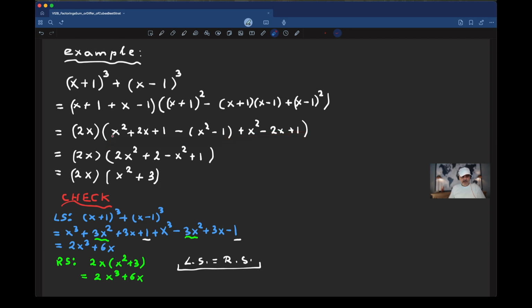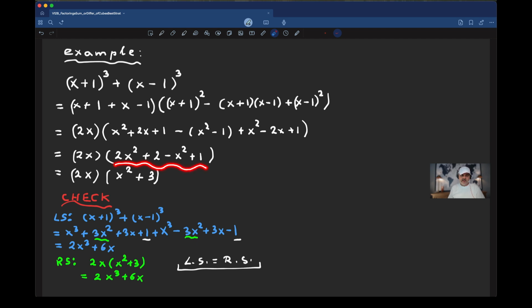So you have x squared and positive x squared. You have one negative x squared. You have positive 2x. You have negative 2x. You have positive 1, and positive 1 because of that negative sign, negative x squared and positive 1. So here you go. You have 2x squared plus 2 minus x squared plus 1.